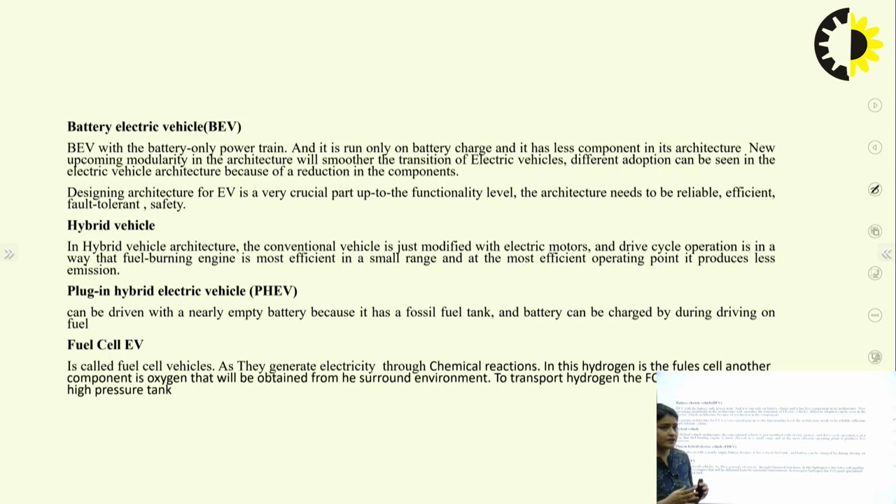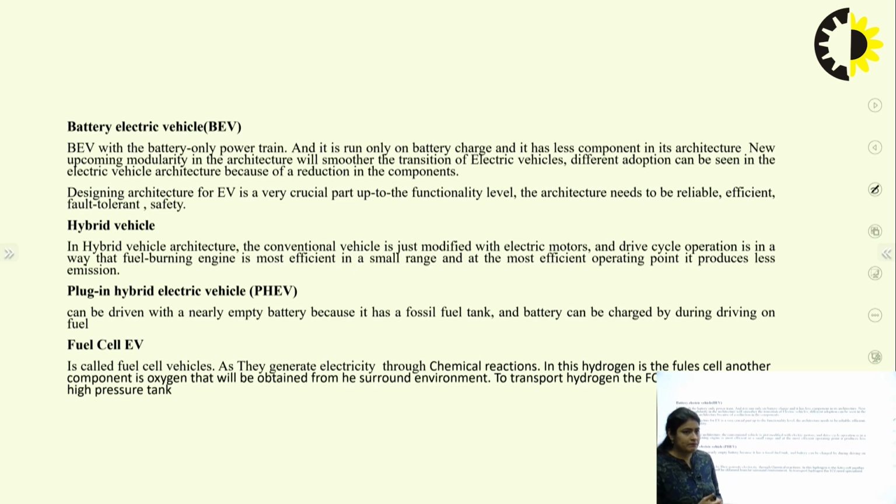So if the battery is discharged, the plug-in hybrid electric vehicle can be driven with the help of the IC engine based fuel tank, because it has both combinations, the IC engine and the electric vehicle.